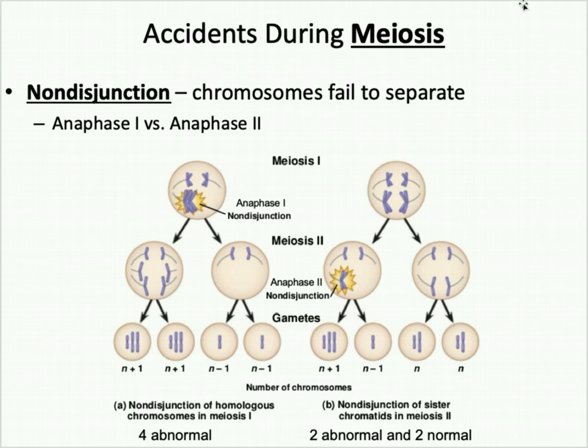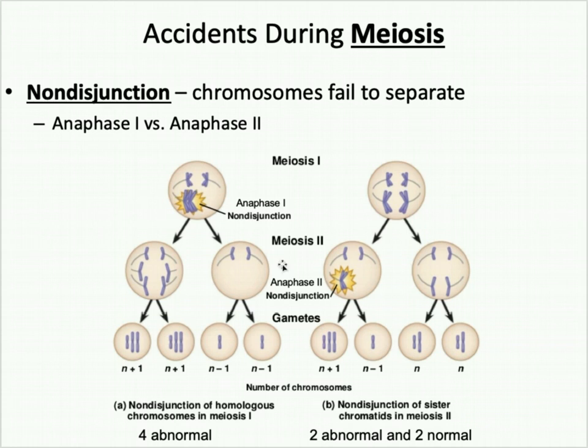And then there are accidents that can happen during meiosis. One of the accidents is called non-disjunction. Non-disjunction is when the chromosomes or chromatids don't separate properly. Depending on which phase it happens in, the results can be severe.